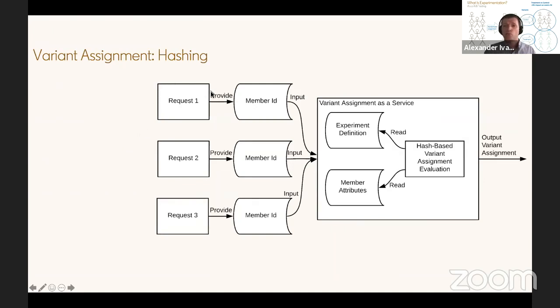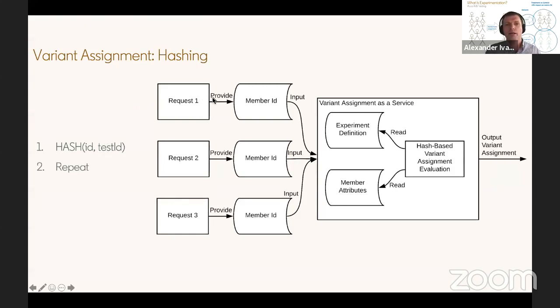We use a hash-based one. So it's based on a hash function that takes two parameters. One is the member ID, that's the first param, and the other one is the test ID, which is any ID unique for a given test, or it can be a different ID even for each of the experiments within a test, depending on what you want to do.